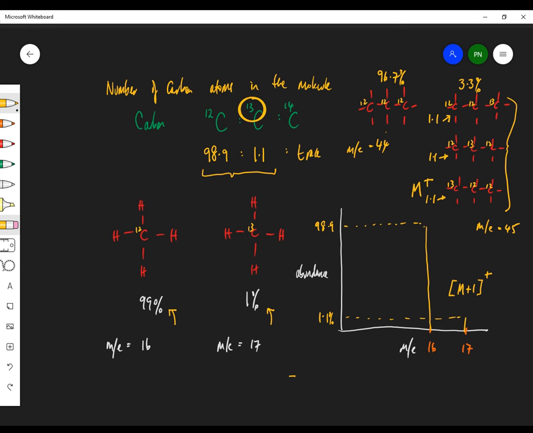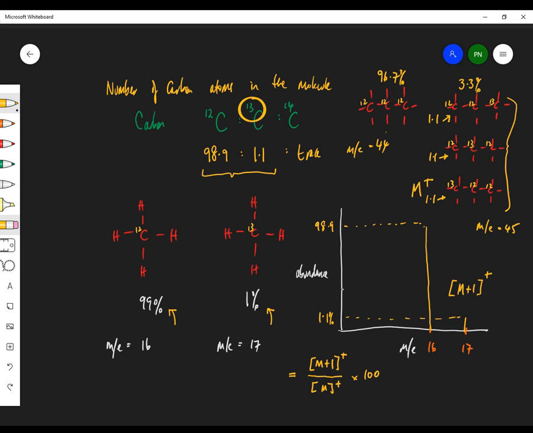Now we package this all up into a nice formula, and we say the height of the m+1 peak divided by the height of the m peak times 100. That will give you the percentage of the m+1 in the m.